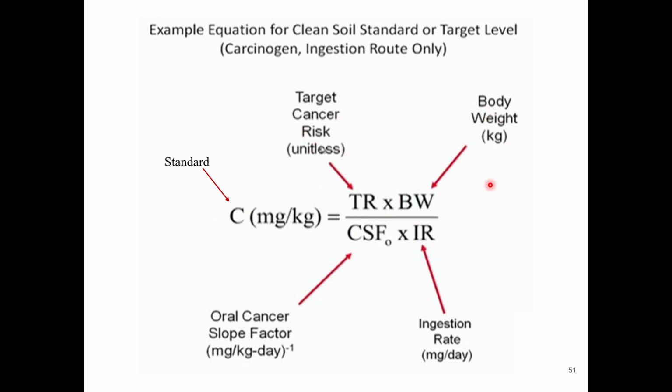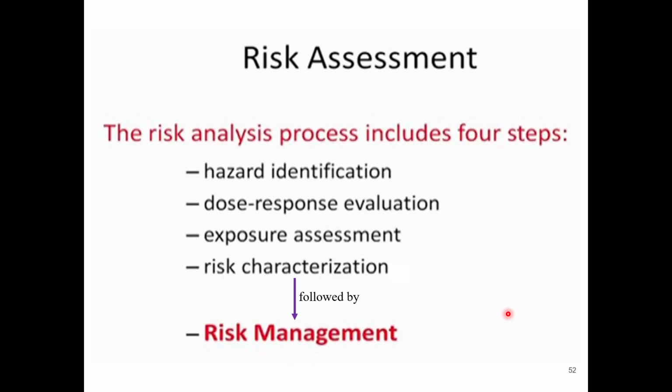BW refers to the body weight, in kg. CSF naught is the oral cancer slope factor, in milligram per kg day whole inverse, and IR is the ingestion rate, having units in milligram per day.